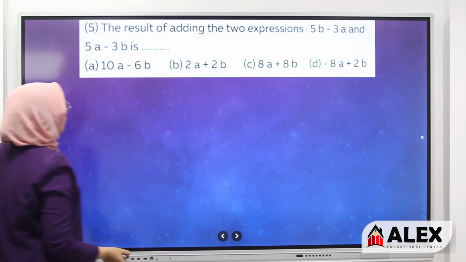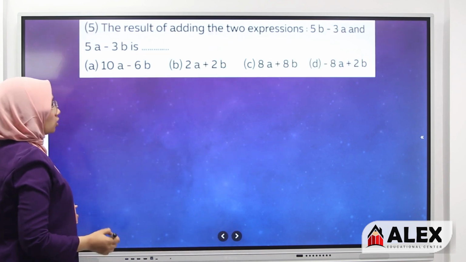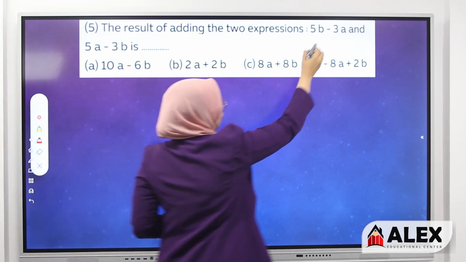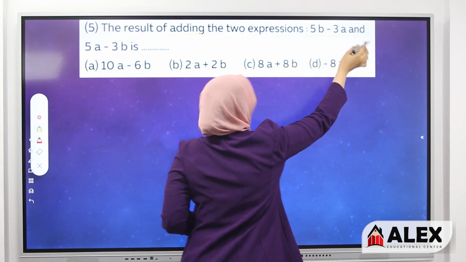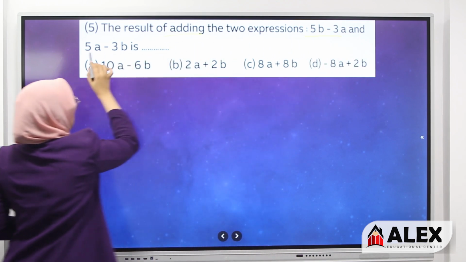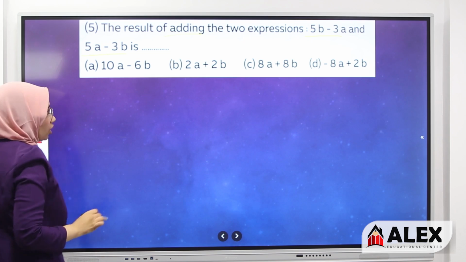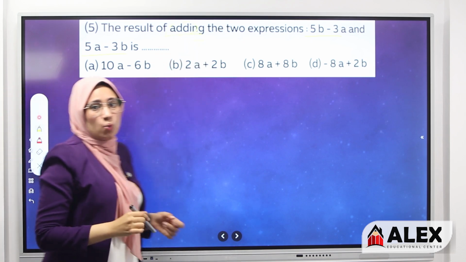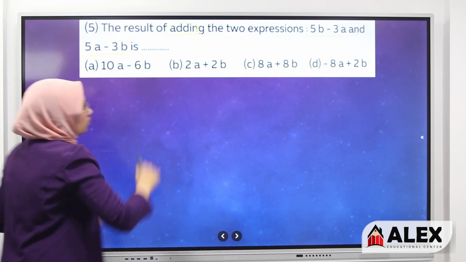Question number 5. The result of adding two expressions, 5b negative 3a and 5a negative 3b. Before making the adding, first we make what? We arrange the terms.